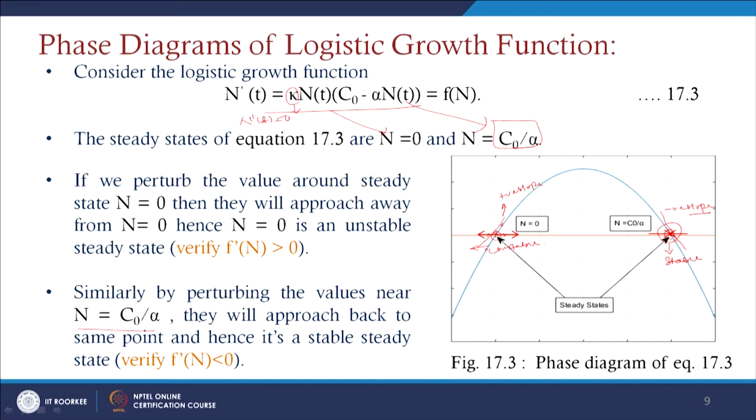You can verify that yourself. We have written it in a phrase here: by perturbing the values near N equals C0 by alpha, they will approach back to the same point, and hence it is a stable steady state. You can verify by considering that the slope should be negative there.